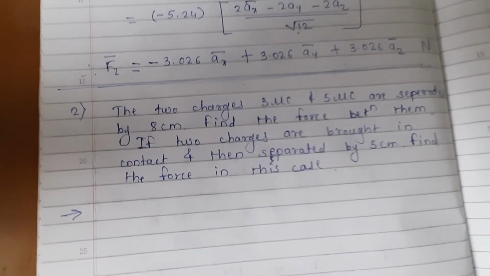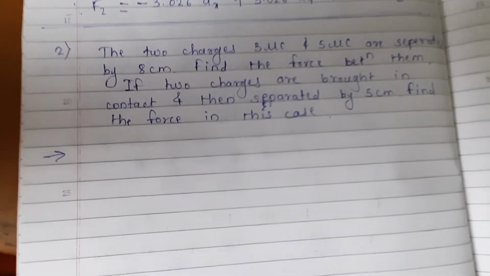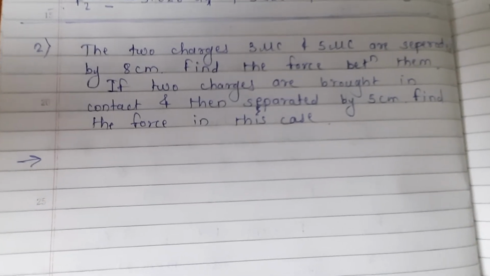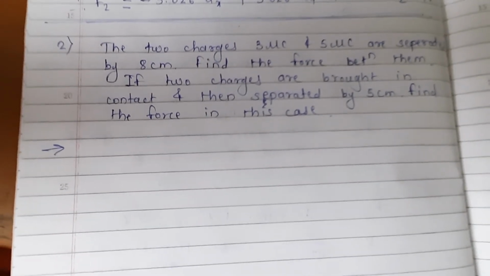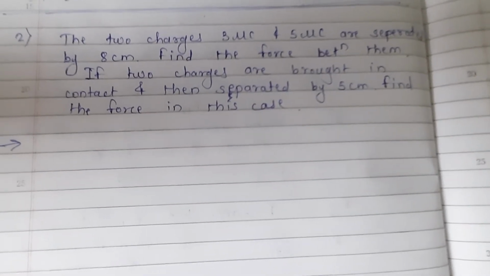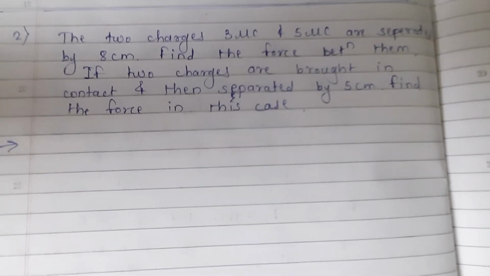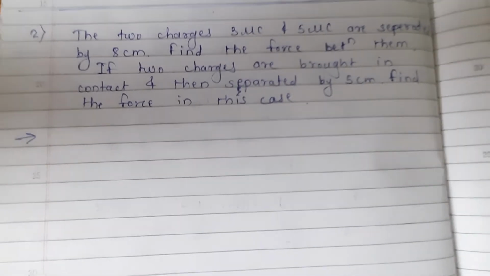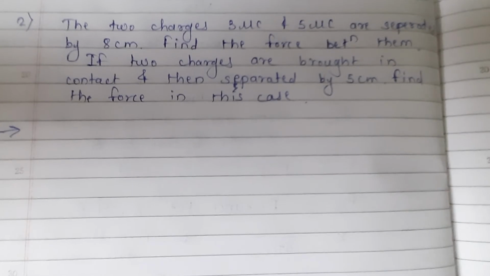Now the next problem is: two charges, 3 microcoulomb and 5 microcoulomb, are separated by 8 centimeter. Find the force between them, and if the two charges are brought in contact and then separated by 5 centimeter, then find the force in this case also. So what is given in the problem? Two charges are given, 3 microcoulomb and 5 microcoulomb.